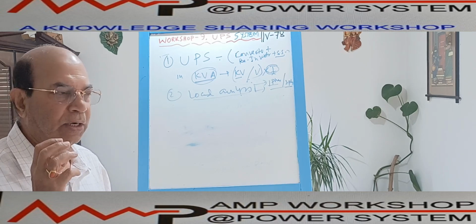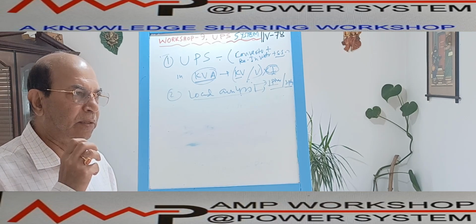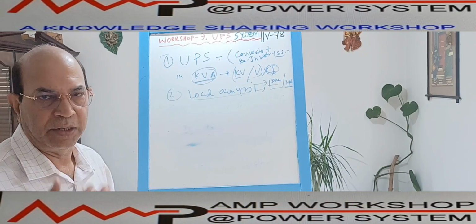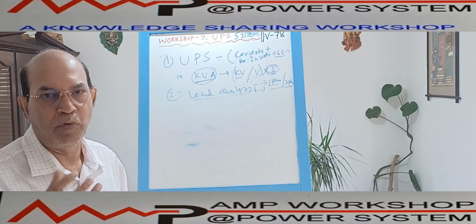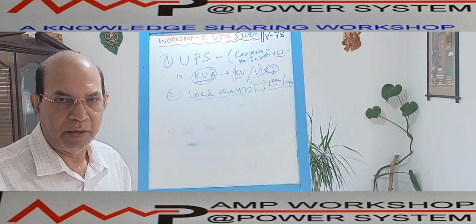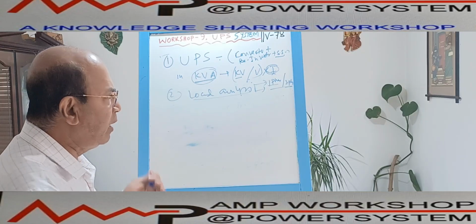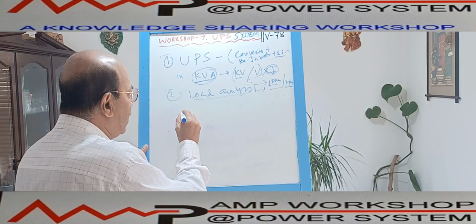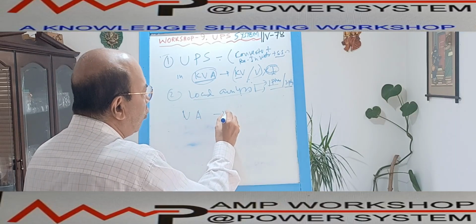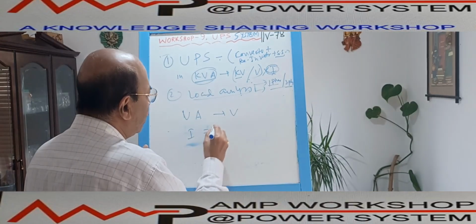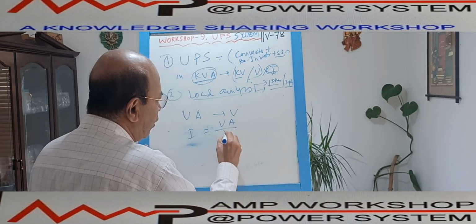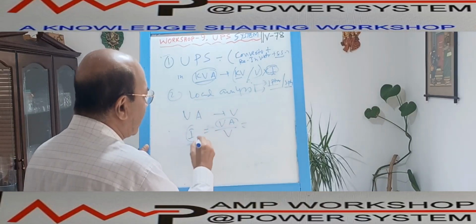Sometimes loads don't give the current value; they give a voltage and a VA or kVA value. We capture that, and from there we can calculate the current. Suppose a load gives the kVA or VA value and the voltage value. We know current I equals VA divided by voltage, so from there I can get the current value.